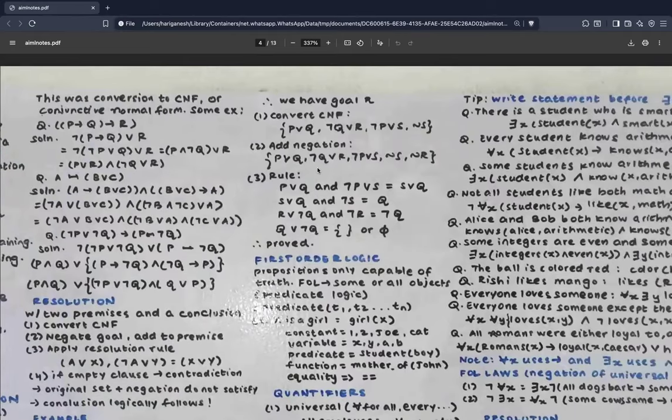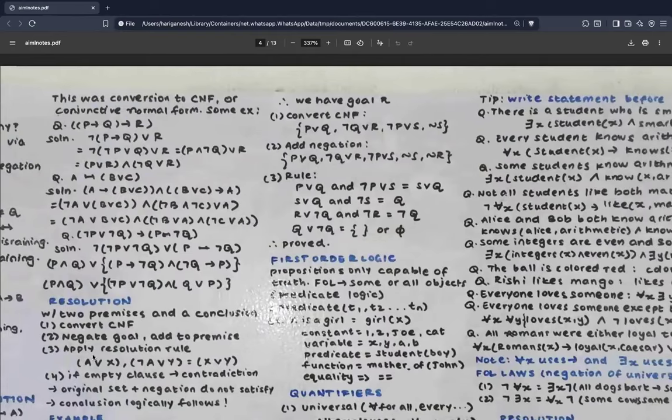And then you apply the resolution rule: if you see two statements in which one has a statement A and the other has a negation of that statement, you apply OR to them, and your result is going to be X or Y. So here we see that P or Q and not P or S have P and not P. So the result is going to be Q or S.